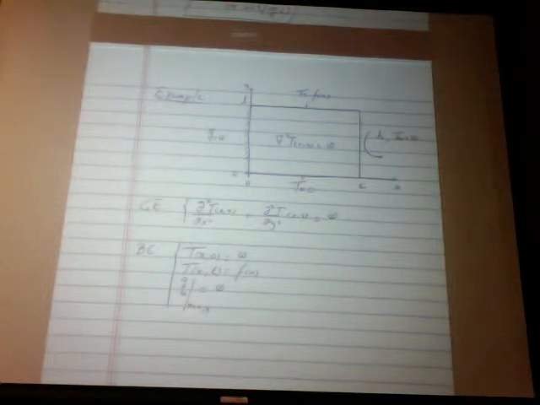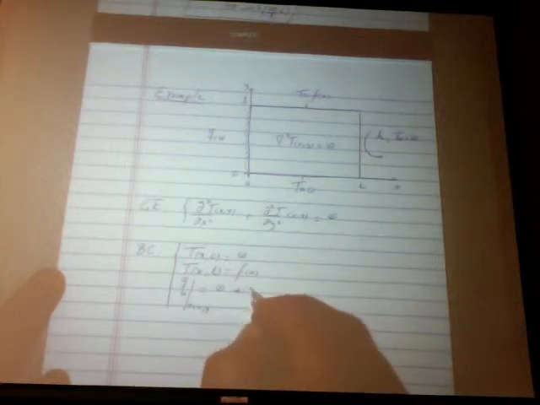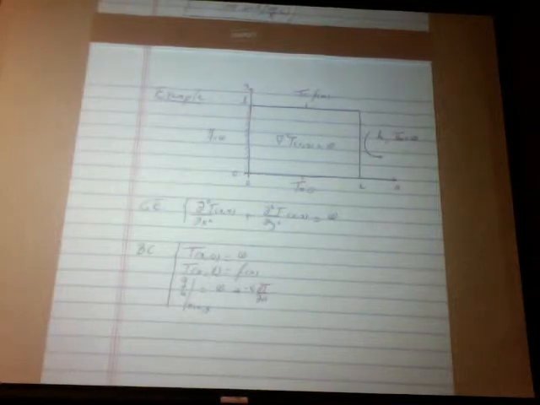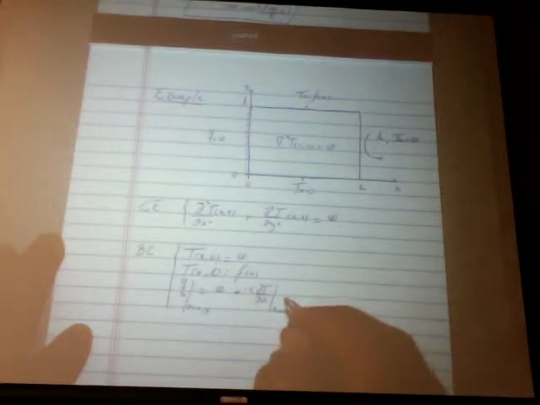Okay? That means that, remember what a normal derivative is? This is minus k dT d normal. That's how the normal flux is defined. At x equals 0 and y.